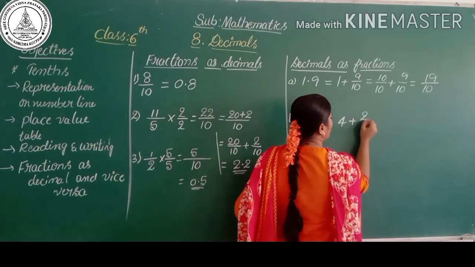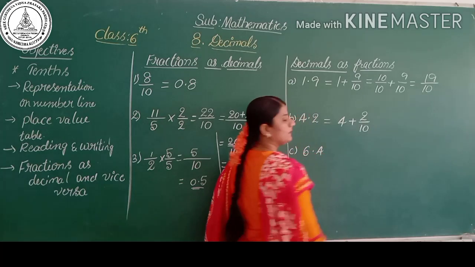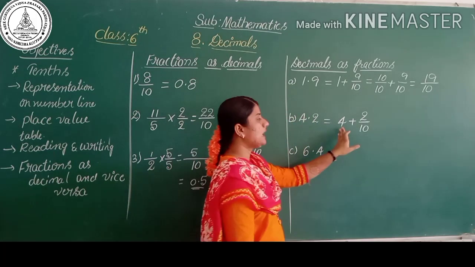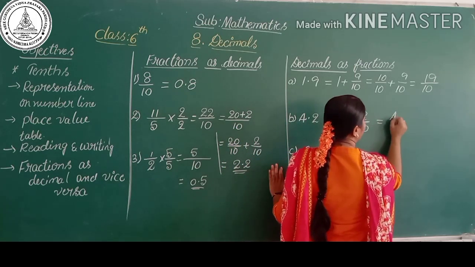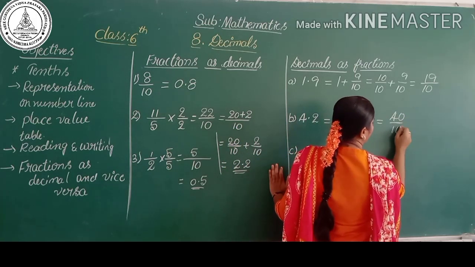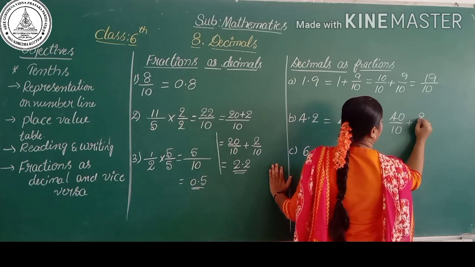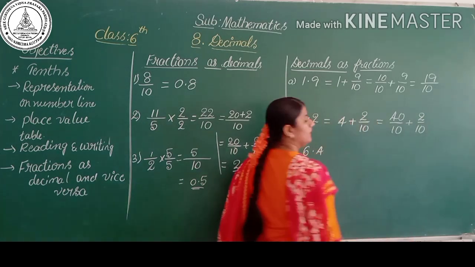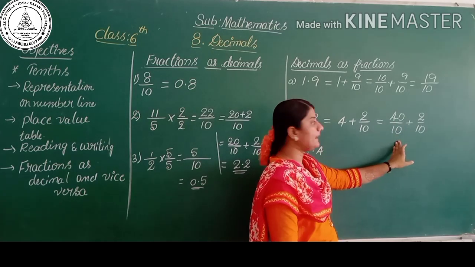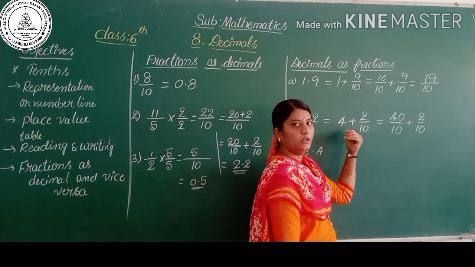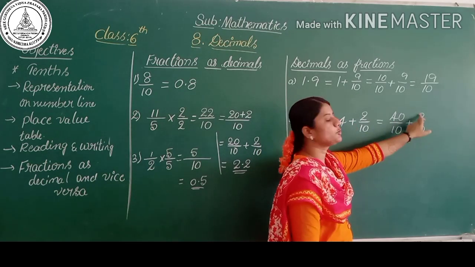So plus 2 by 10. How can we write this 4? We can write it as 40 by 10 plus 2 by 10. We know that if we cancel 40 and 10, we will get the number 4, right?